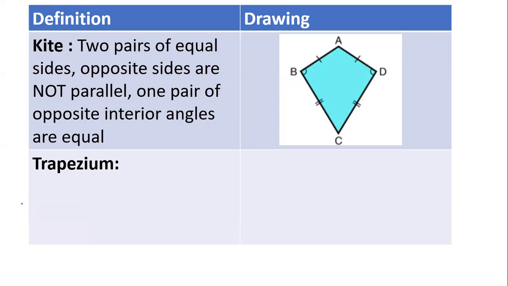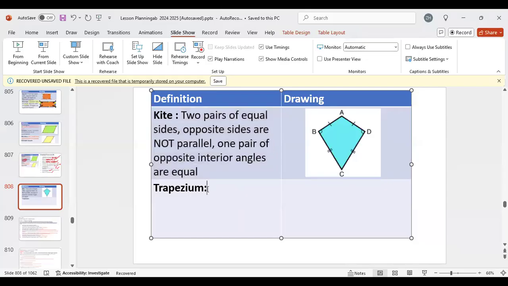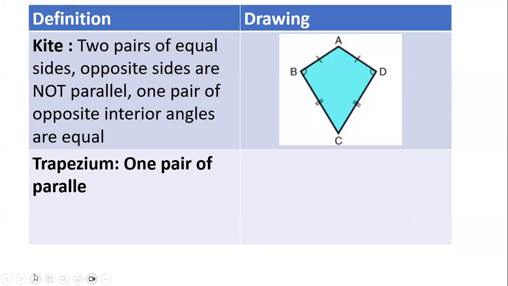Now let's get into a trapezium. For a trapezium, it has one pair of parallel sides. How come we don't have arrows for the kite?